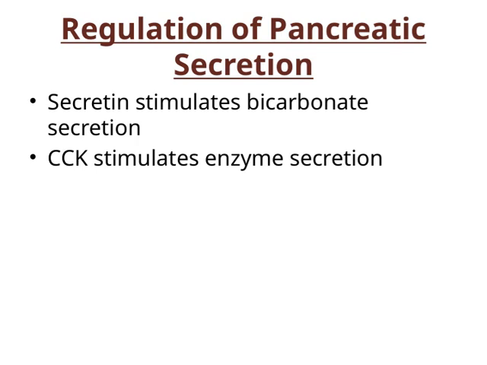Let's take a closer look at how pancreatic secretion is regulated. First, secretin plays a key role by stimulating the secretion of bicarbonate, which is crucial for neutralizing stomach acid as it enters the small intestine. This helps create an optimal environment for digestive enzymes to work effectively. On the other hand, CCK, or cholecystokinin, primarily stimulates the secretion of digestive enzymes from the pancreas.